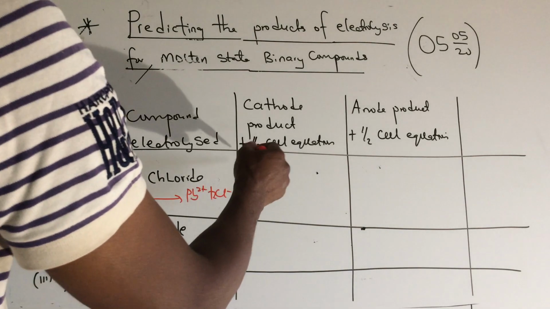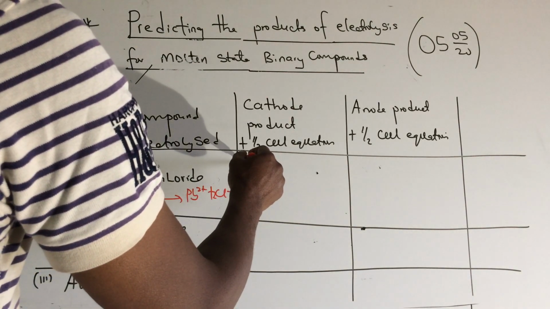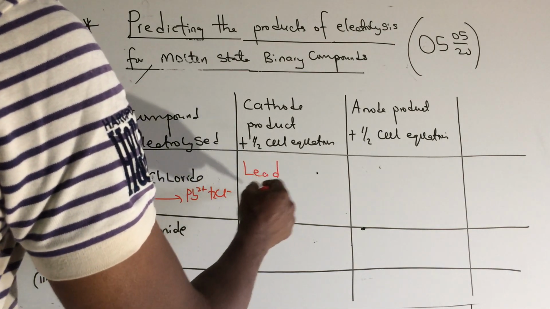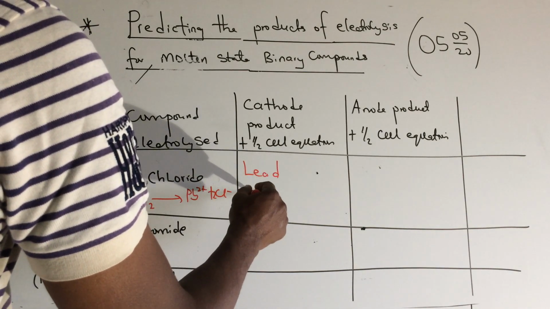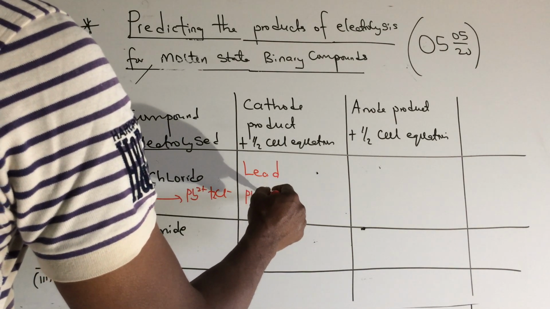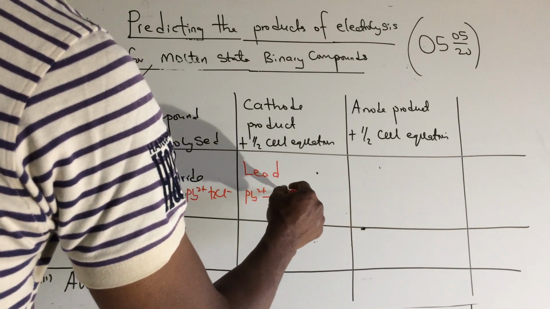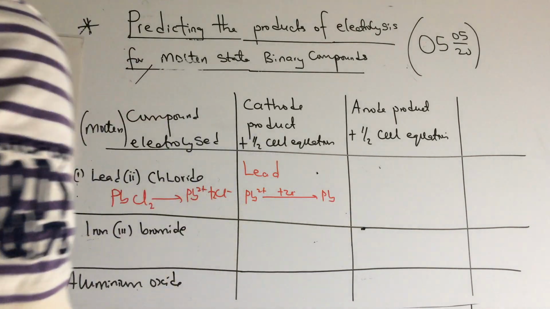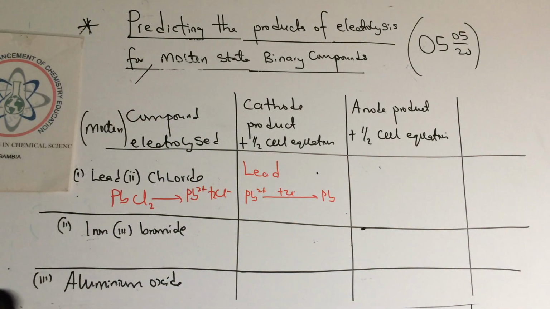Lead. So here, all you're going to have is lead. The half-cell equation is just Pb2+ gaining 2 electrons. You look at the charge, you have this. So this is the cathode half-cell equation.